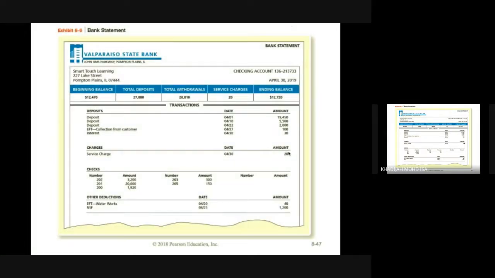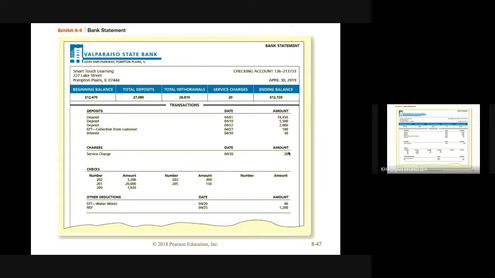For example, the service charges of $20 you will have in the bank statement, but you don't have it in your books unless you receive the bank statement, then only you know there's a service charge of $20. Similarly, checks 200, 201, 202 are the checks that are cleared by the bank. What it says here is that the company will issue a check to their accounts payable, meaning when you want to make payment to your accounts payable, you're going to issue a check.